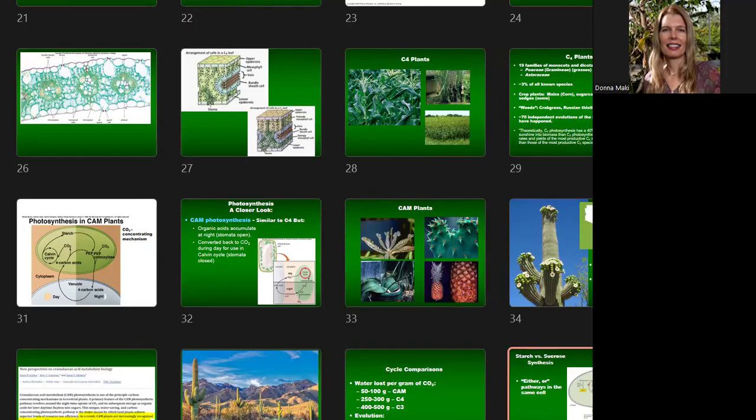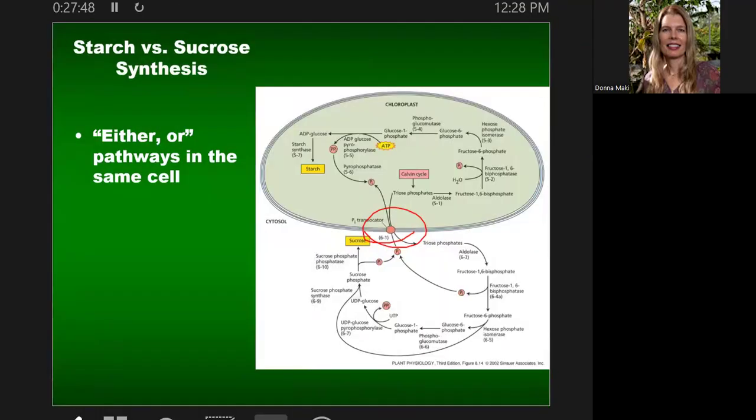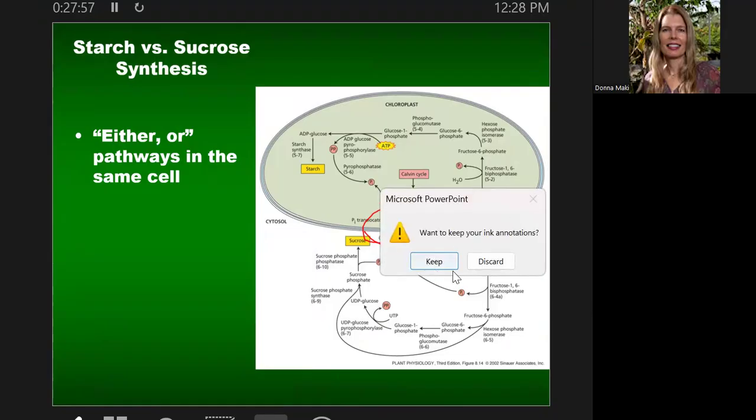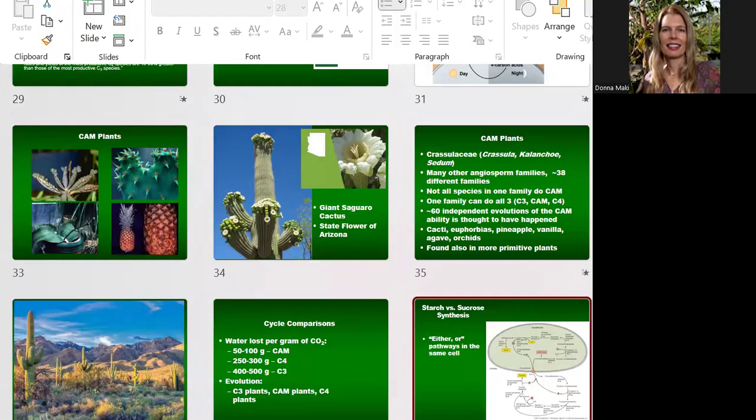But now I wanted to switch gears a little bit. Now I know on the syllabus, I think we're supposed to get into soil and water, but because of the snow days and cold days, we're a little bit behind, and I want to try to keep what we're doing in lecture concurrent with what's going on in lab. This week in lab, you're doing roots.